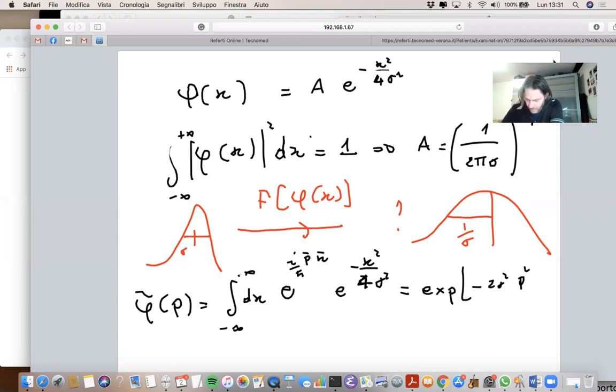Well, the new distribution here will be like the sigma p. 1 over 2 sigma p squared is equal to 2 sigma, which means that sigma p is going to be equal to 1 over 4 sigma.